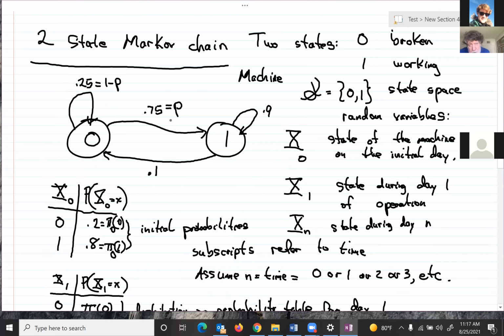Because if you're not being repaired, then you're just still broken, right? And together, those are the only 2 things that can happen. You're getting repaired or you're staying broken. And the chance that you broke is often called Q. And so this 0.9 in general would be what? 1 minus Q. Well, be careful, Q looks like a 9.